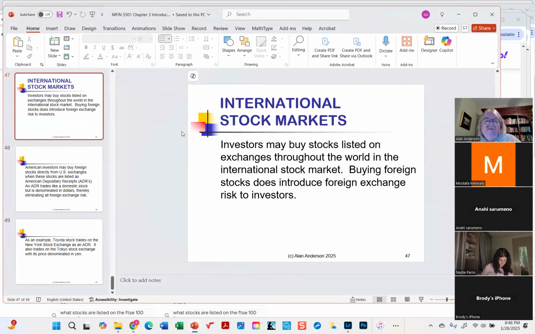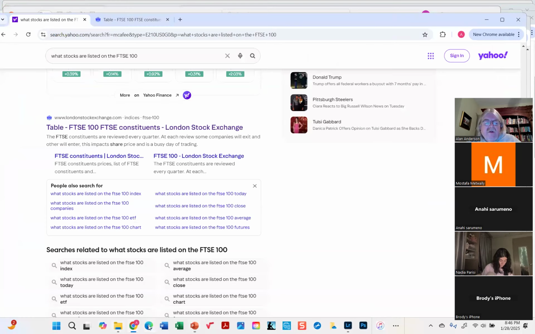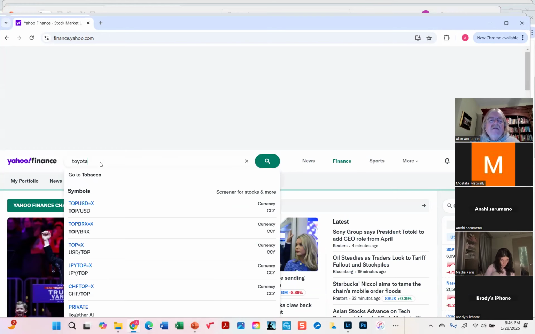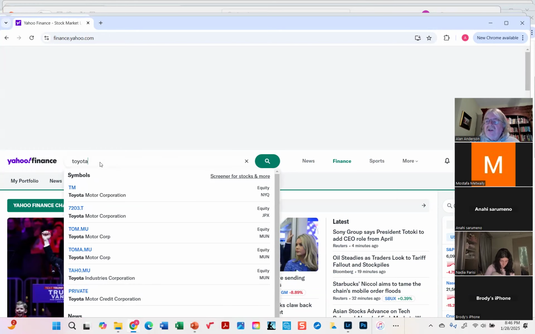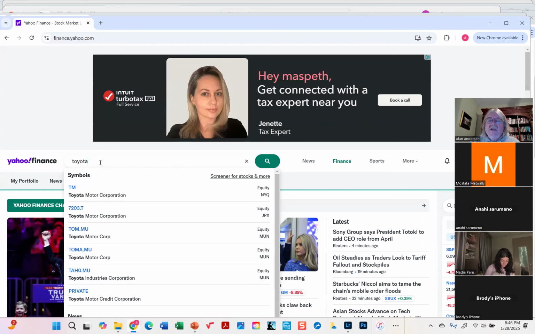Now, if you notice though, let's say I go to finance.yahoo.com and I say to myself, I'd like to buy a share of Toyota, but I don't want to bear the foreign exchange risk of buying a Japanese stock that's denominated in yen.